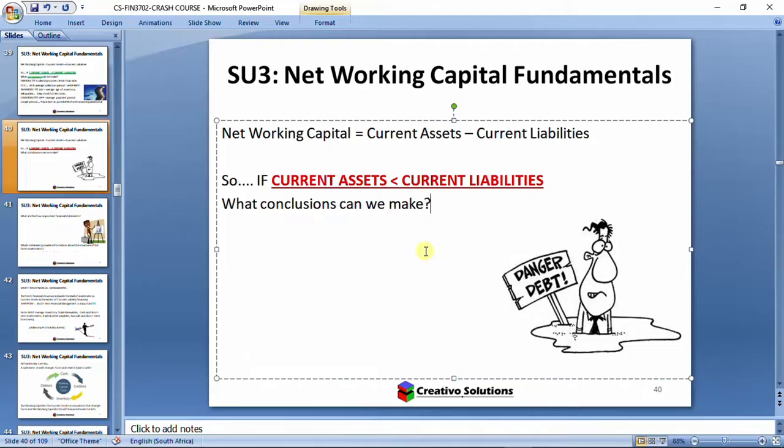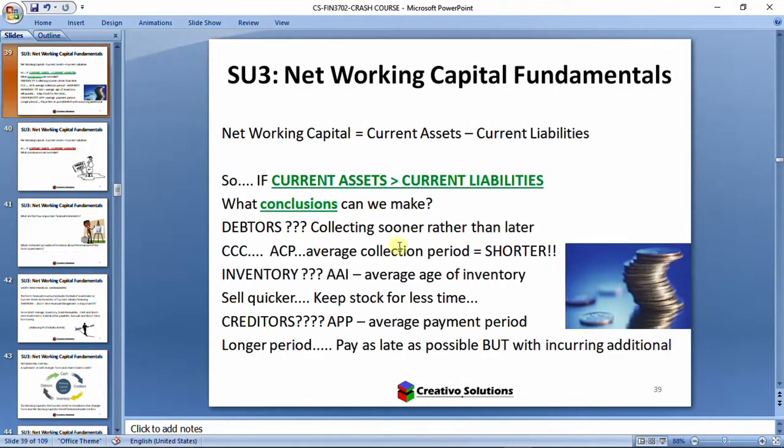Tell me about the inventory. We have it on hand for too long. Good. Tell me about the creditors. It's either costing us money, maybe we're taking too long to pay. Good. Or you have too many creditors and you're not paying them off. Yeah, 100%.